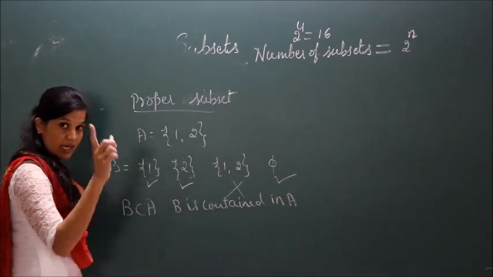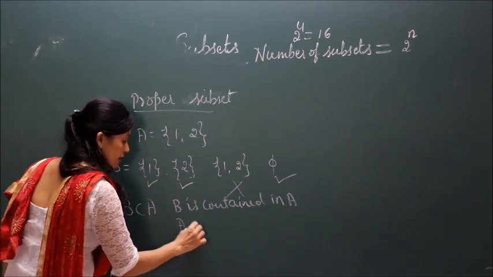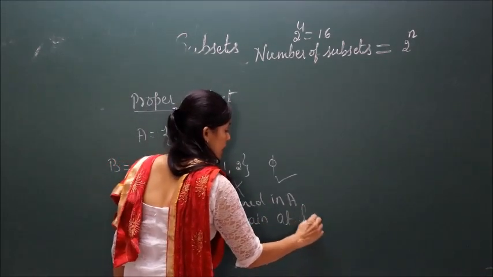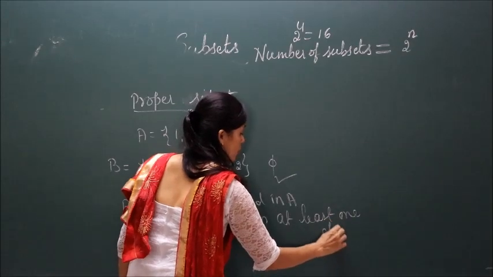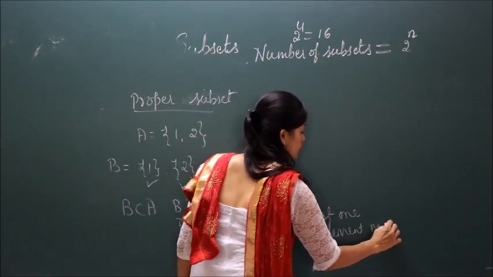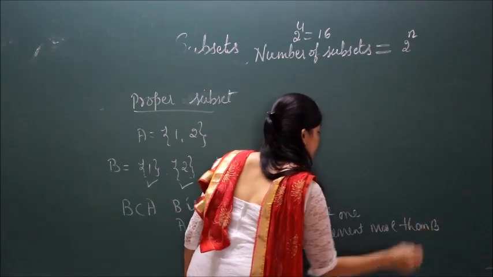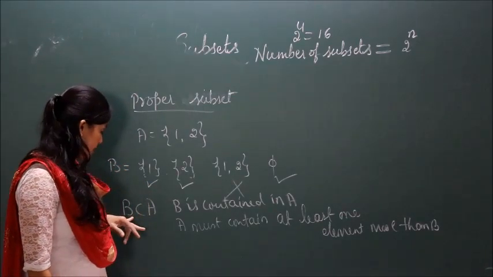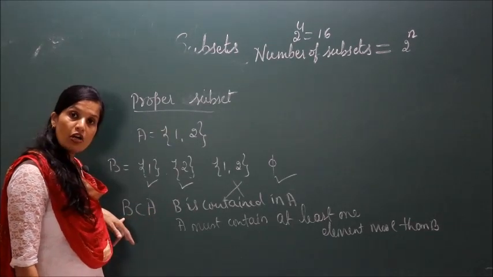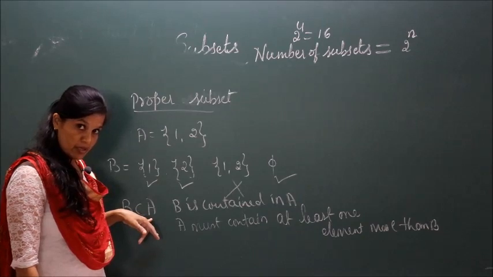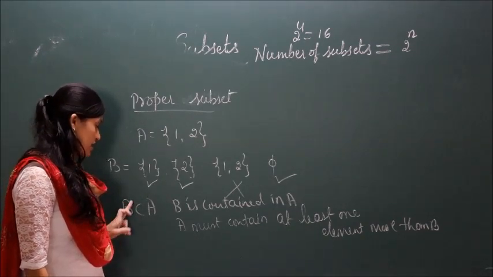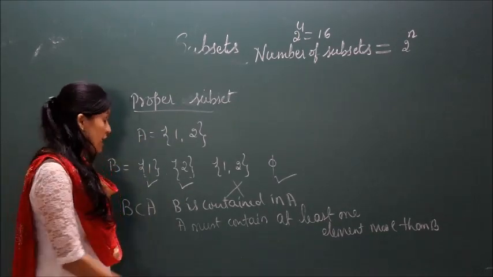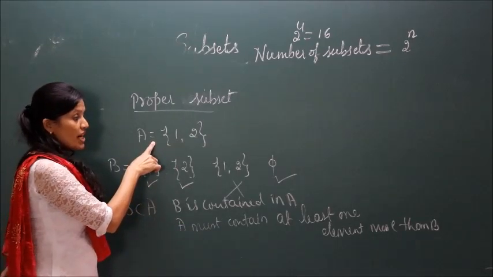Another condition is A must contain at least one element more than B. So when two sets are given and B is the subset of A, and if I want to call B as the proper subset of A, the condition is B is contained in A, that is element of B must be in A. Another condition is A must contain at least one element more than B.